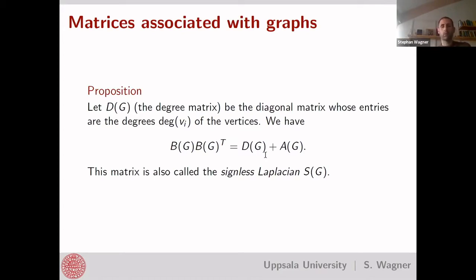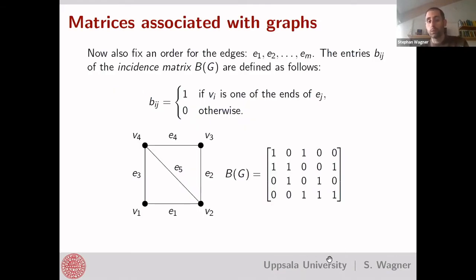Then I'm getting to multiply one by one, and that gives me a product of one, and the inner product of the corresponding rows is then one. If they're adjacent, and otherwise, all the pairwise products I can form will be zero. So, for example, v2 and v3 are adjacent by edge e2.